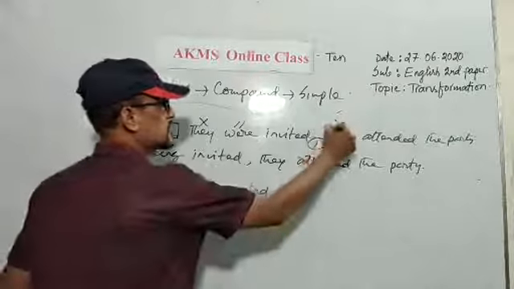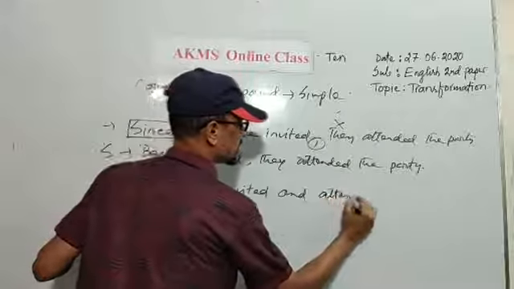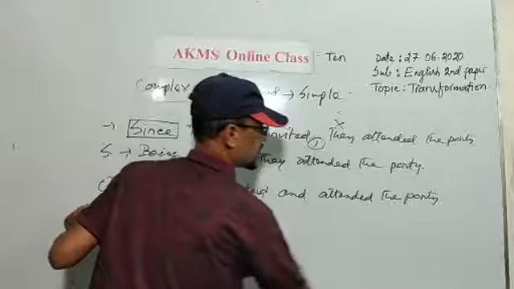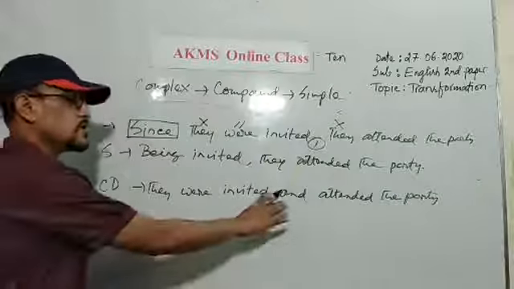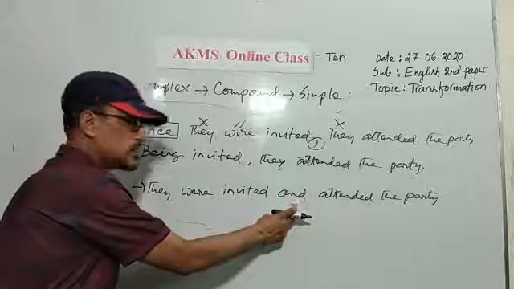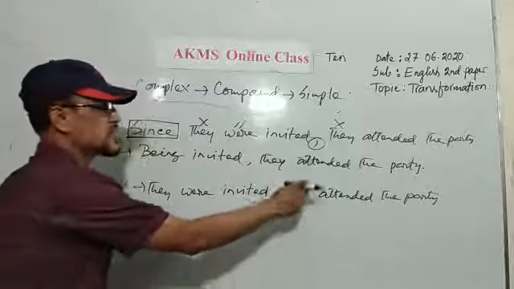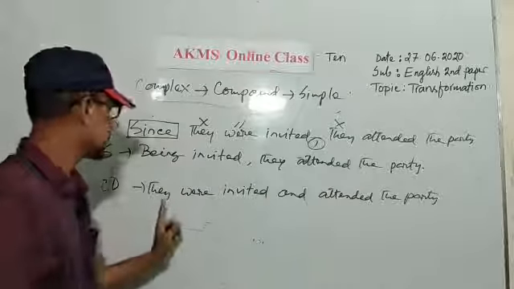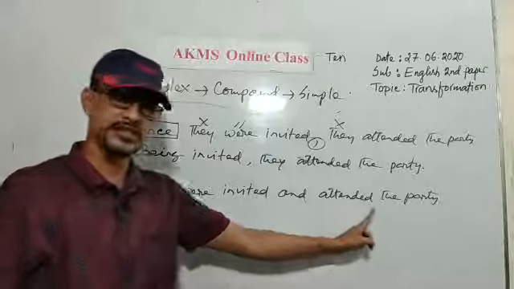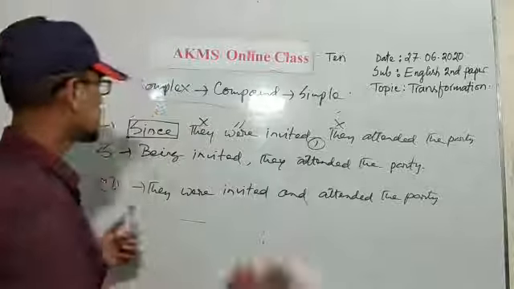I will not use the subject again. And attended the party. Okay? You can also use and so or and therefore in lieu of and. Then you must use the subject here. If you use, they were invited and so they attended the party. Okay?